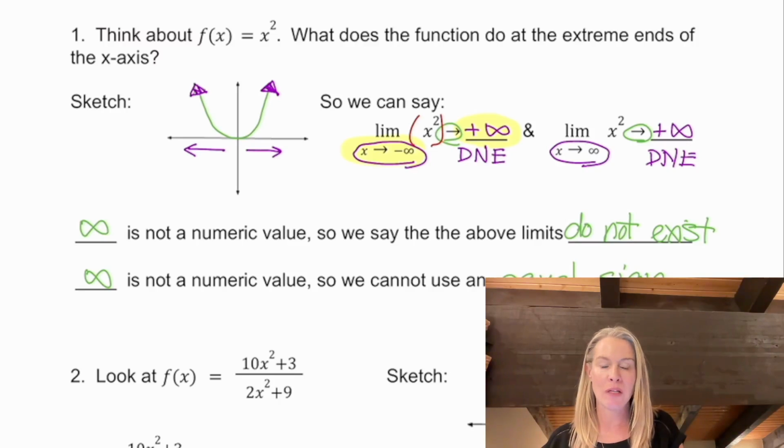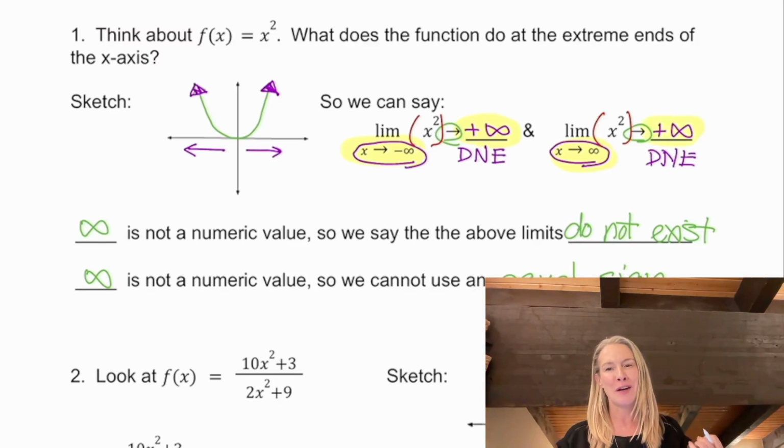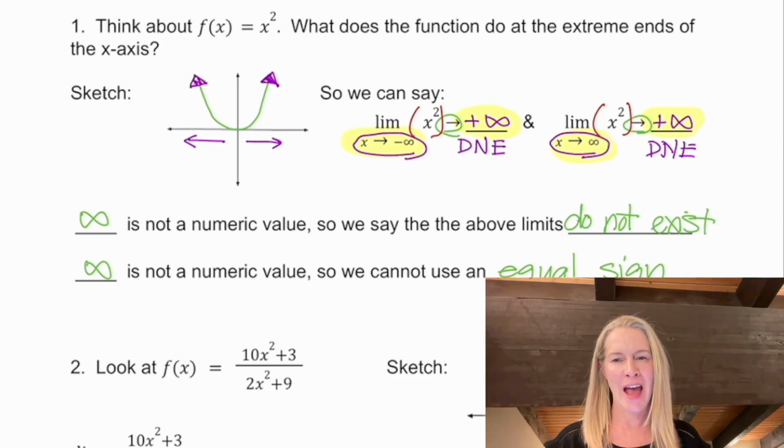It is unbounded. That limit does not exist. Same thing as x goes to positive infinity. When we take a number like positive a billion and put it into the function x squared, we get an even larger positive gigantic number, again confirming that our limit goes towards positive infinity and our limit does not exist.